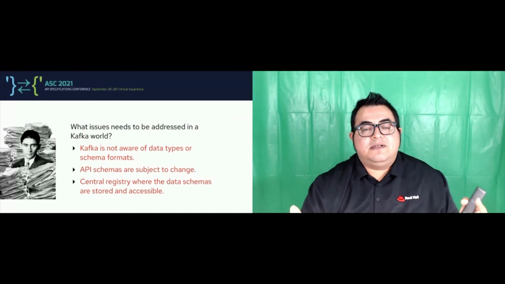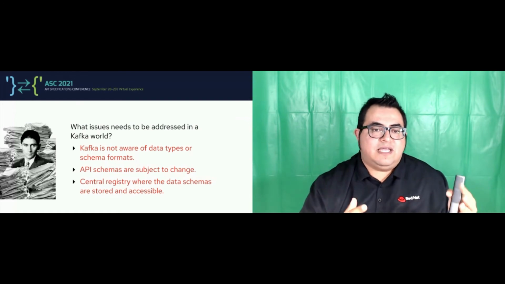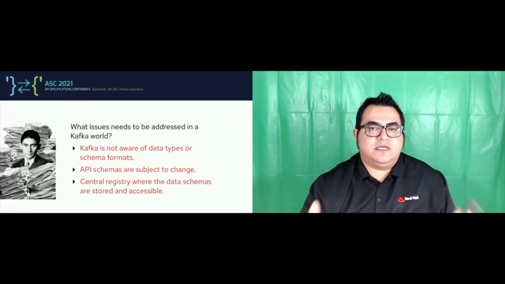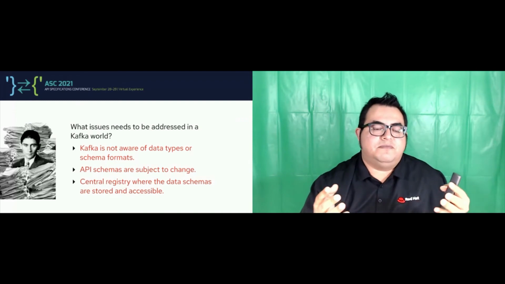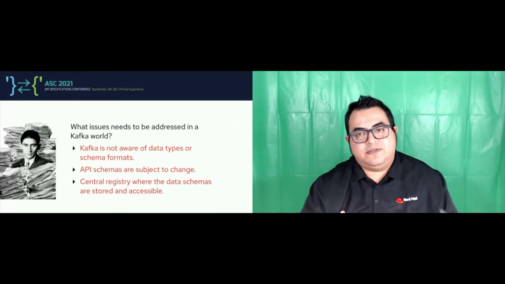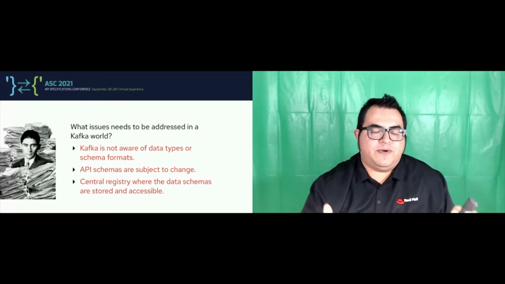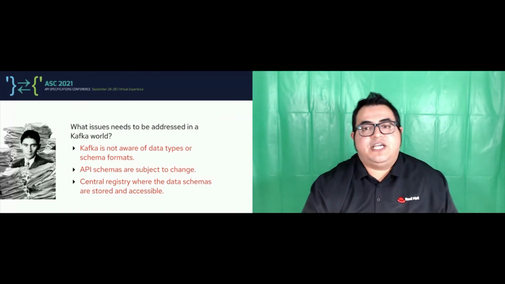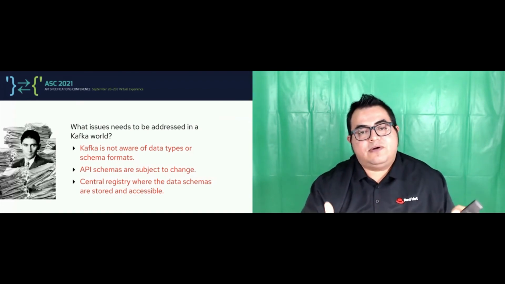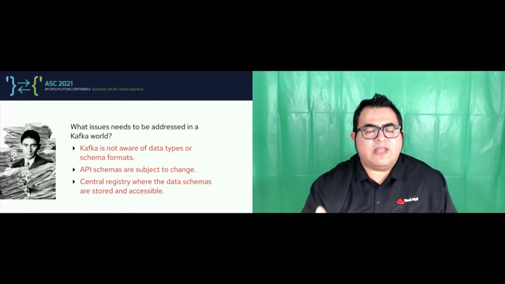And that then gets into the problem that our API schemas are subject to change. As we mentioned, the business changes, we need to add new fields, we need to deprecate fields and such. So the structure and the format we're using on our topics will change with time. And we also need to be able to handle those changes without causing this kind of disruption.